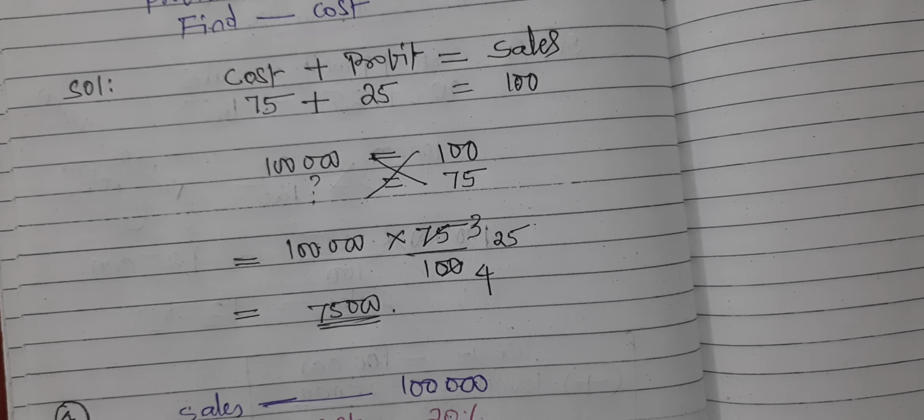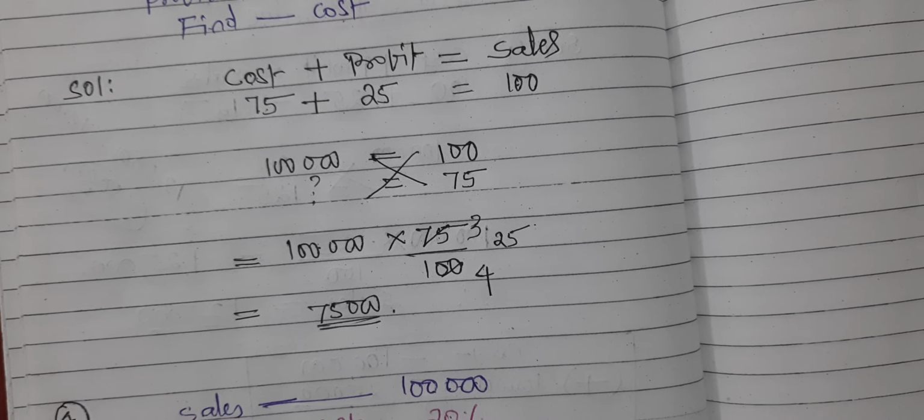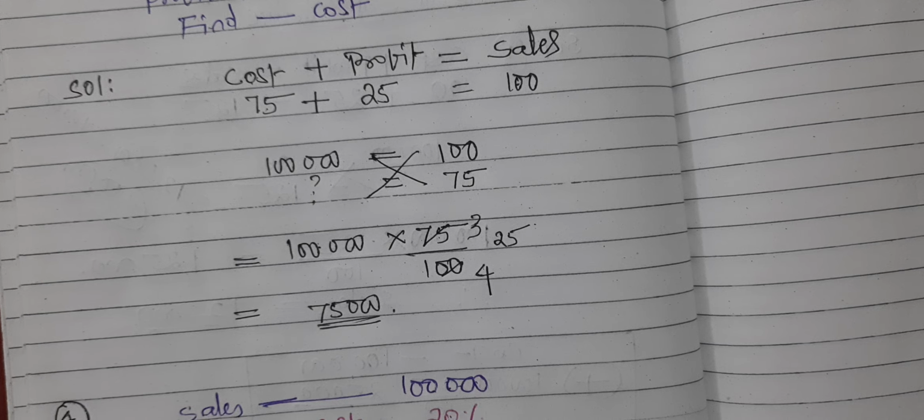All the information they give you, then you have to find out the missing figure. If sales and cost are given, there will be a missing figure of profit. Or they give you profit and through that you can calculate the sale value and the cost. So there are many missing figures that you can find out.